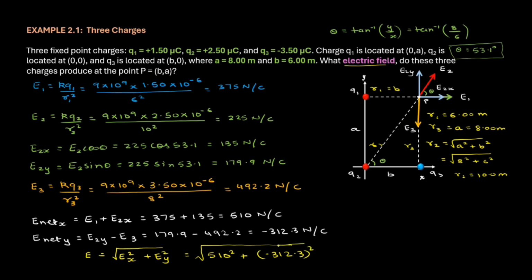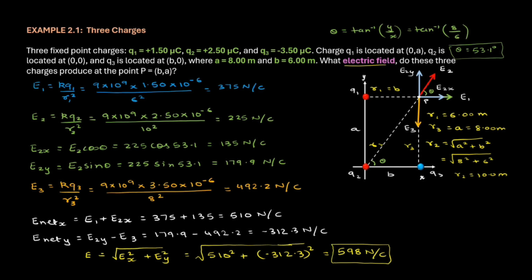If you're putting the negative sign, make sure you put it inside the bracket while you square it and not keep it outside. So when you solve this, you get the magnitude of electric field to be equal to 598 Newton per Coulomb. So this is the magnitude of net electric field at point P.